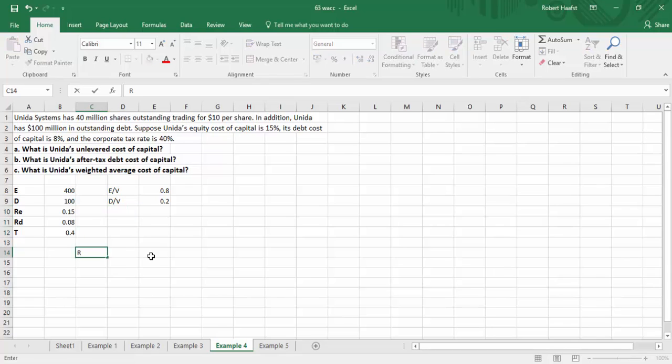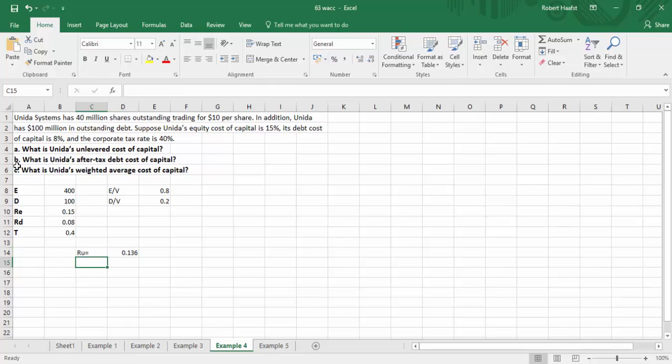Let's go here. From the beginning. The unlevered cost of capital is then 15% times the equity to value plus 8% times the debt to value, which is 13.6%.